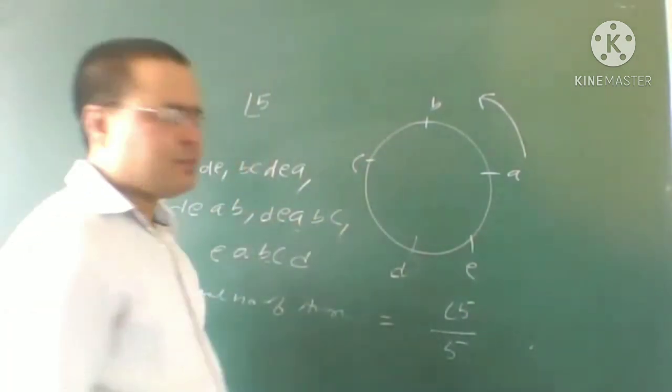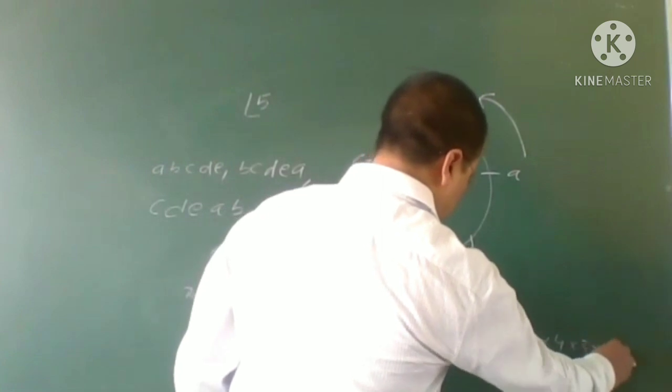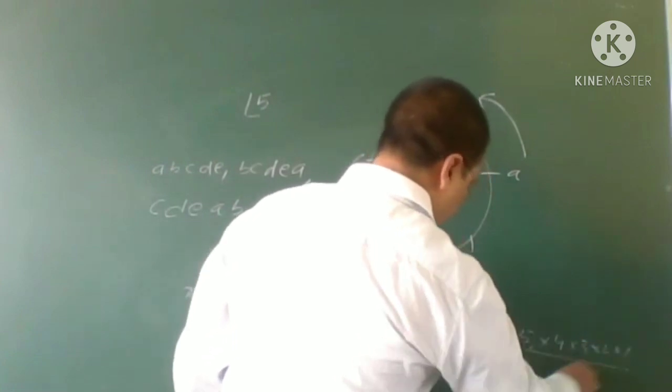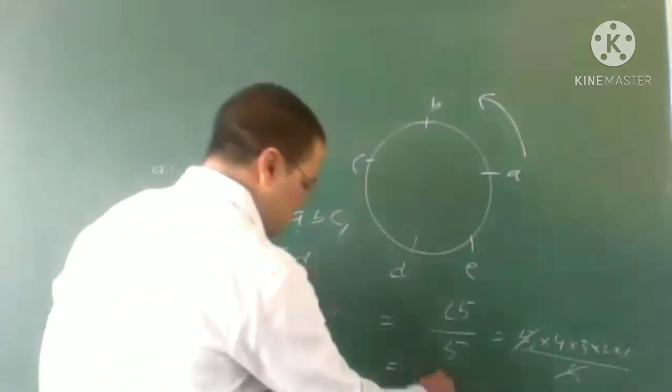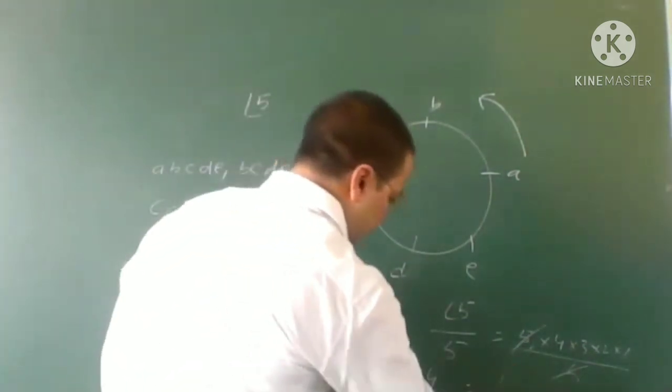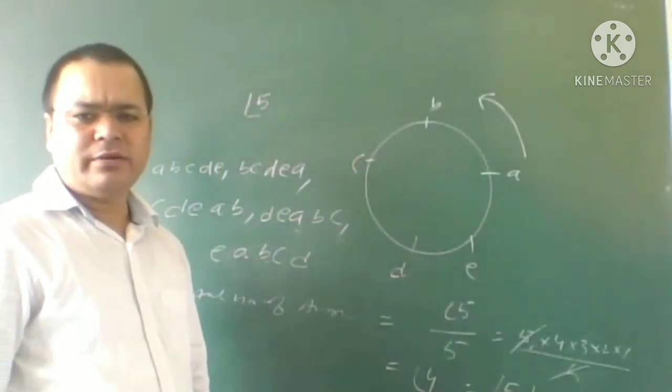Factorial 5 upon 5 means 5 into 4 into 3 into 2 into 1 divided by 5, the 5 cancels. It means 4 into 3 into 2 into 1, that will be factorial 4. And factorial 4 can be written as factorial 5 minus 1.